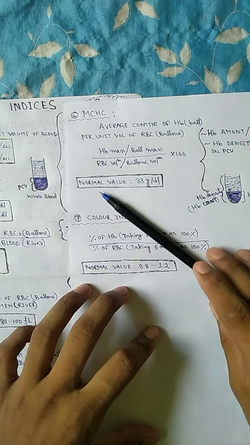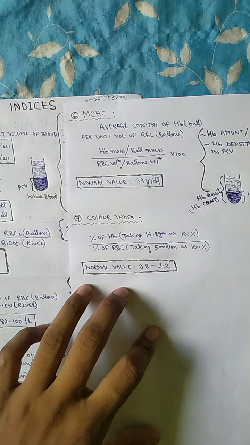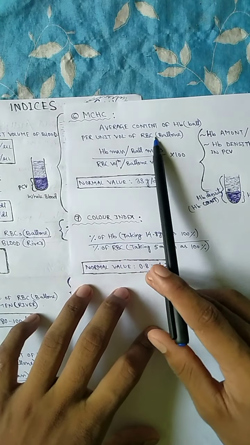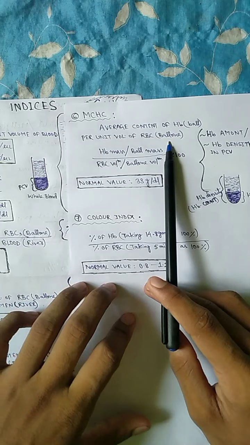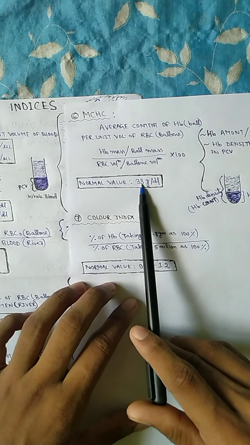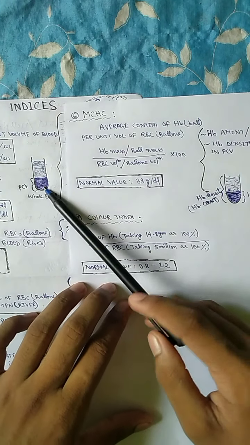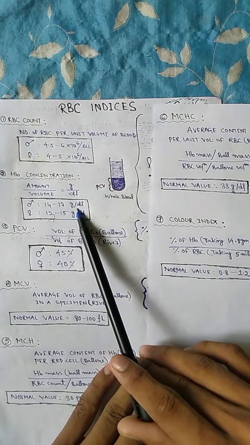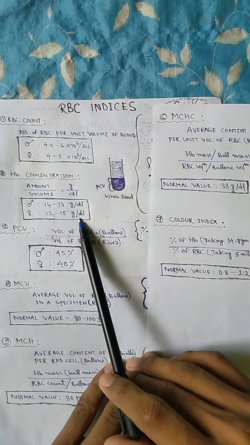So MCHC means the hemoglobin amount per PCV, packed cell volume. Since it's concentration, that means amount by volume, we can compare it to density: mass by volume in PCV. Normal value is 33 gram per dl, and for just hemoglobin concentration 14 to 17 or 12 to 15 gram per dl.